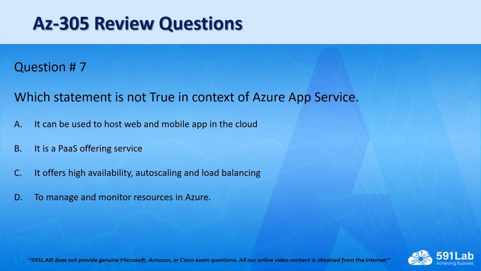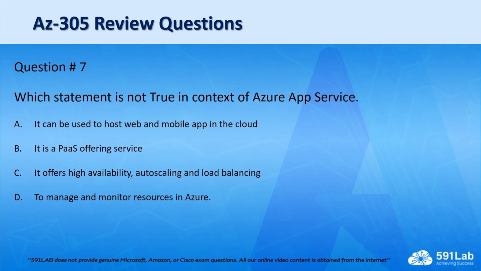Which statement is not true in the context of Azure App Service? It can be used to host web and mobile apps in the cloud. Okay, so the question says it should not be true. That's fair enough. It can be used to host web and mobile apps in the cloud. So this is basically true.